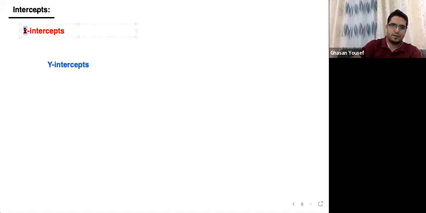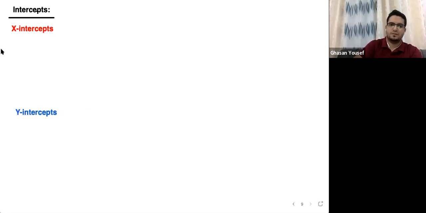Here we have the X. So the X-intercept, first of all, has a definition. What's the meaning of X-intercept? Any idea? Any idea of the X-intercept? Okay, I'm going to give the definition.